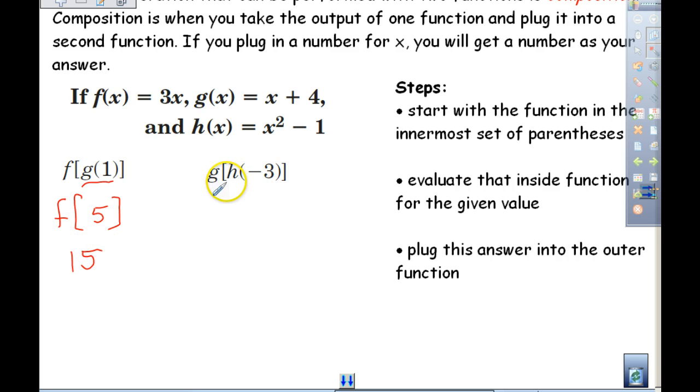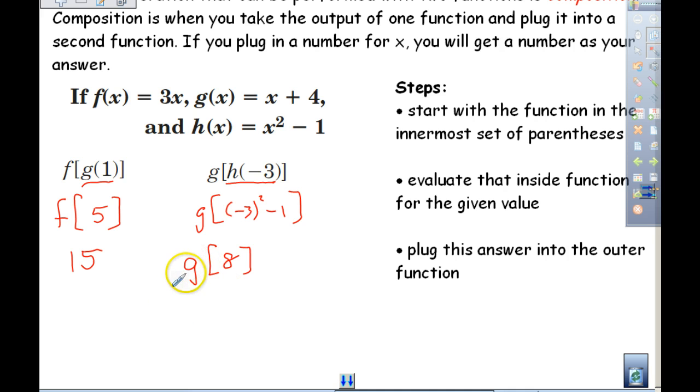Another, I'll show a little more steps here. So h of -3, so I'm going to go up here and say, okay, it's -3 squared minus 1. It's the h function, plugging in -3 for x. All right. What does this equal inside here? 8.